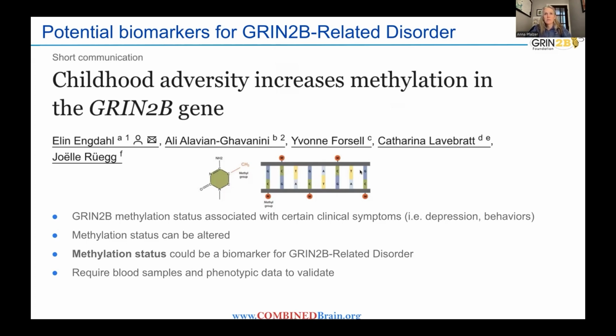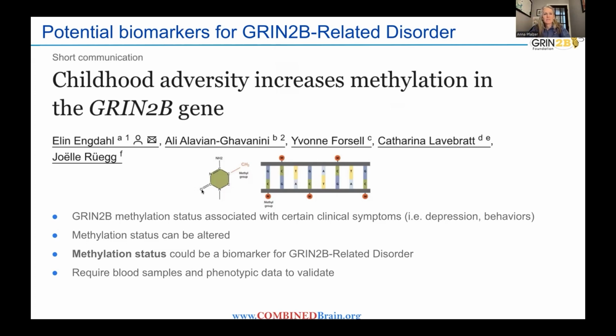You are probably very familiar with seeing cartoons that show nucleotides or bases, G, C, T, A, etc. And this is the genome. These are the genetic basis upon which DNA, RNA is built, and then subsequently proteins. But these bases, these nucleotides, are themselves chemical structures, and so they can be modified by other chemical structures.